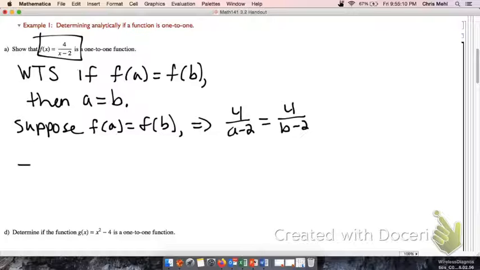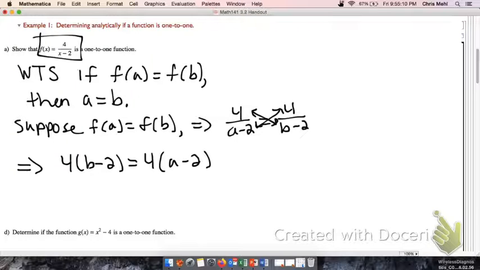And then I'm just going to do cross multiplication here. So that means that 4 times b minus 2 has to equal 4 times a minus 2.